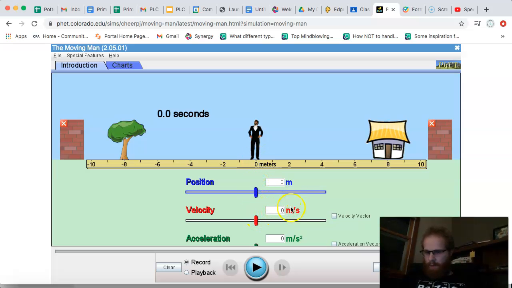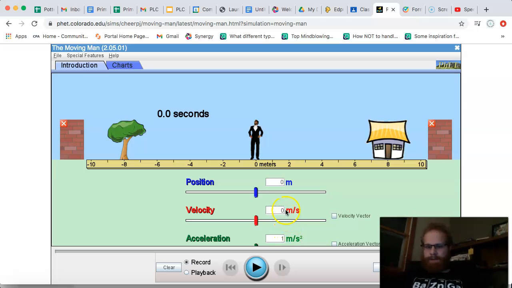And his speed or his velocity is also 0 meters per second. So what I'm curious is, what do you think is going to happen to this guy's speed if I give him a positive acceleration? Right now, I'm just going to give him an acceleration of 1 because that's easy, right? It's a positive. So what's going to happen to the velocity? Is it going to change? Will it speed up? Will it go backwards? What do you think is going to happen?